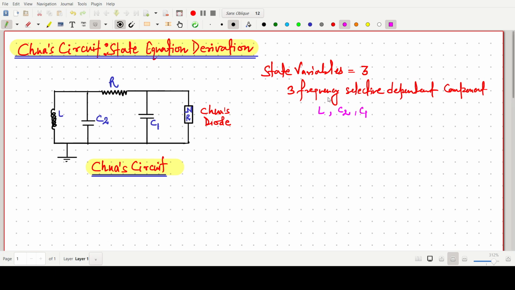So there will be a state equation having three differential equations, which we will cover.